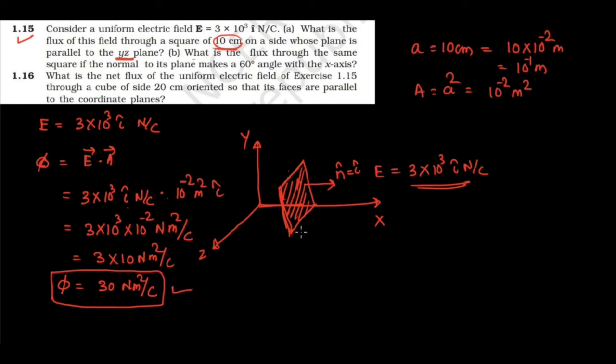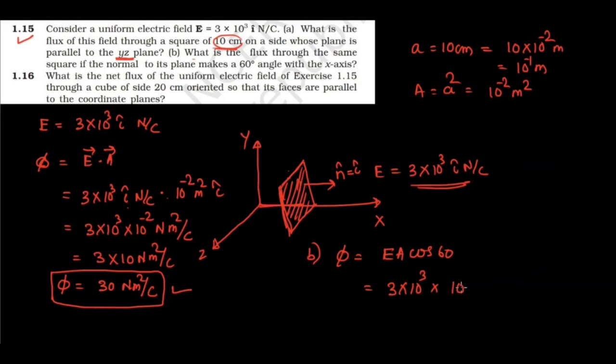But if the normal to this plane makes an angle of 60 degree with the x-axis, then what will be the value of the electric flux? If the normal to this square makes an angle of 60 degree with the electric field, then in the second part the electric flux will be E into A into cos 60. So E is 3 into 10 to the power 3, into A is how much?